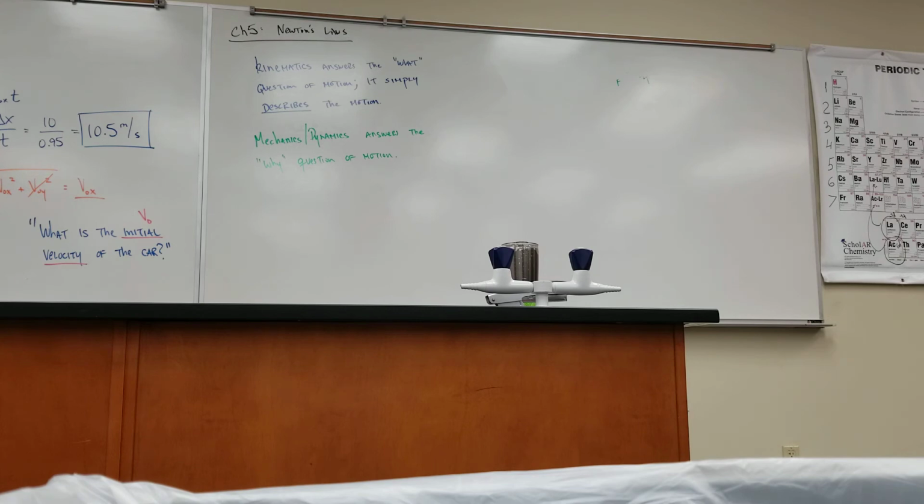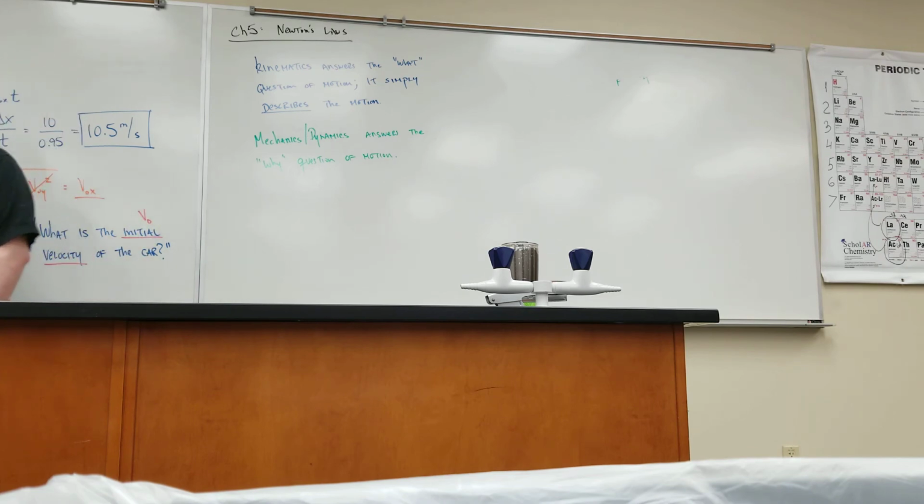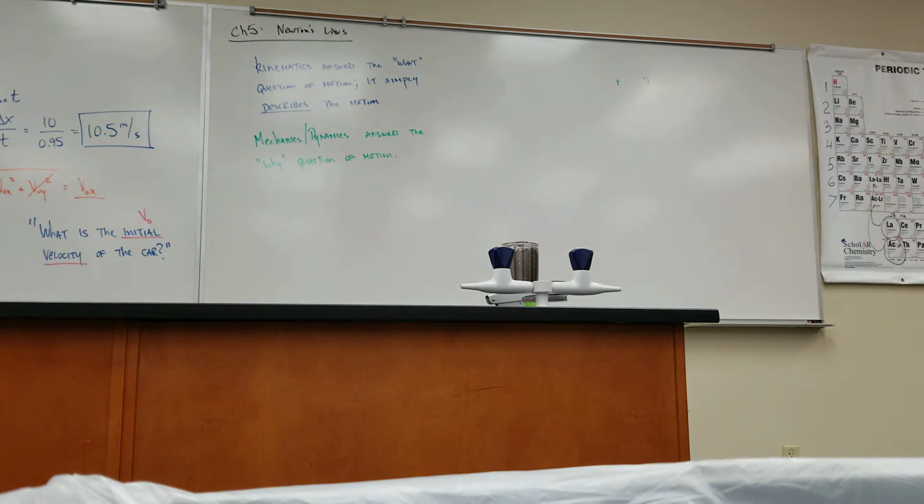We have these formulas in kinematics that will tell us how far an object will move, or how fast it will be moving, or how long it will take the object to move that distance, or what an object's acceleration will be. But nowhere in our study of kinematics does it explain why the object moves to begin with.